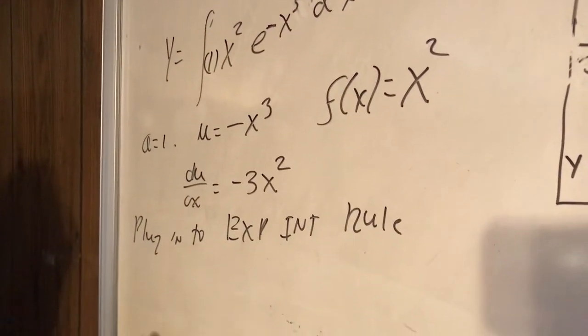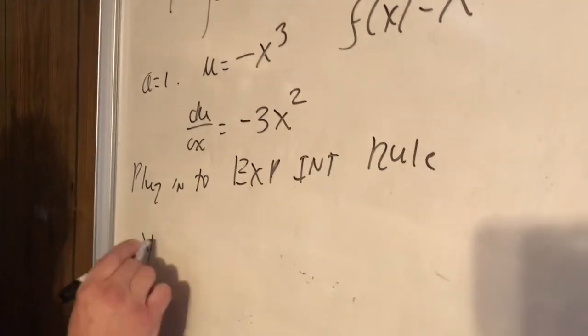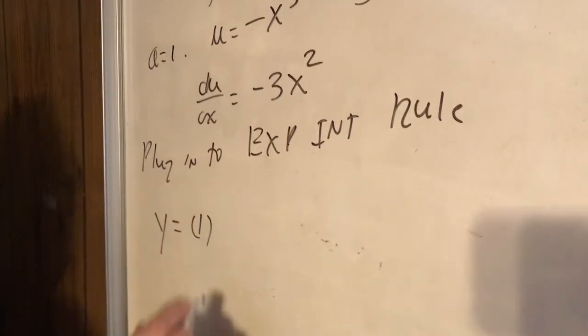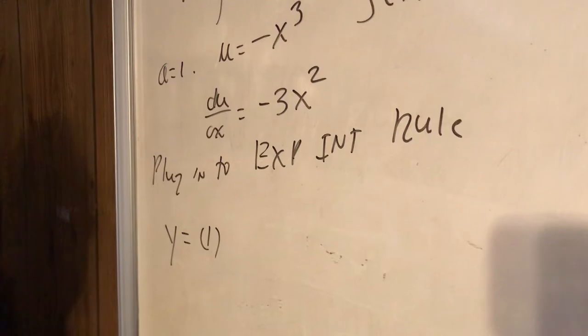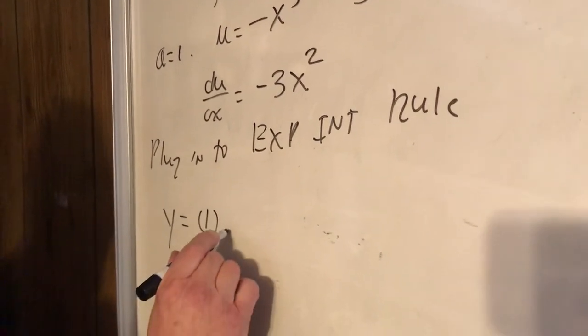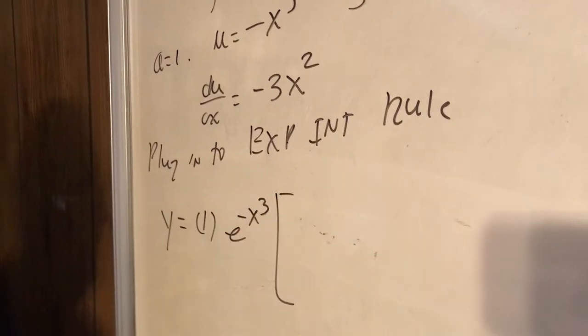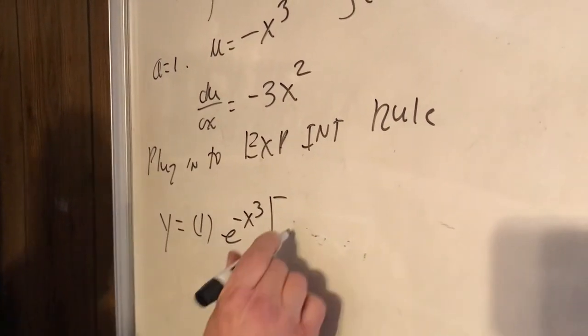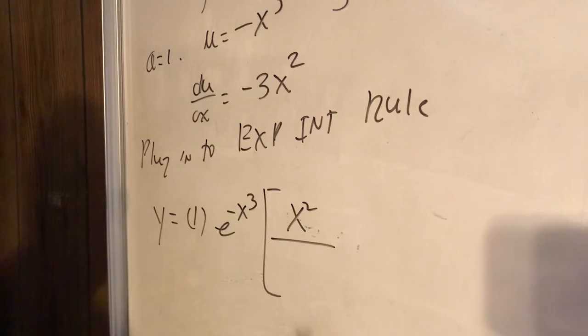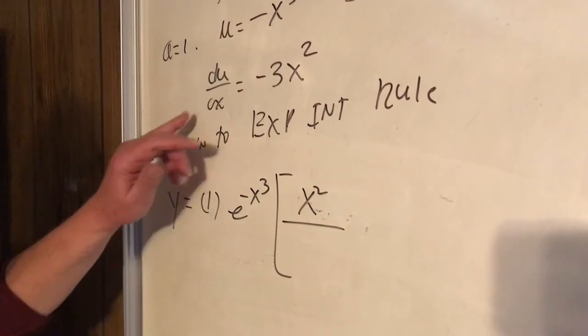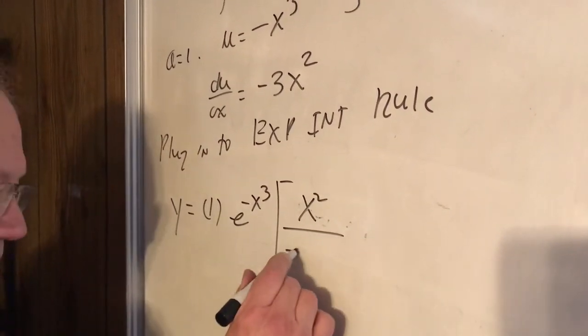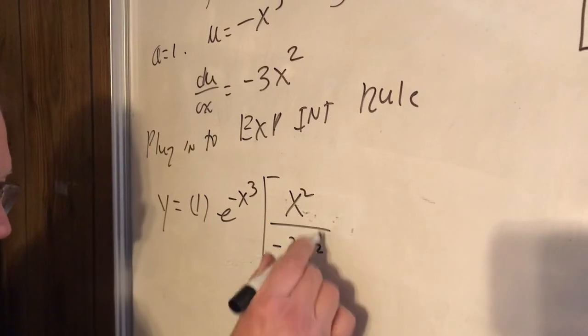All right, so we have a, so y equals 1. It says e to the u, and u is minus x third. It says f of x, which is x squared, divided by du dx, which is minus 3x squared.